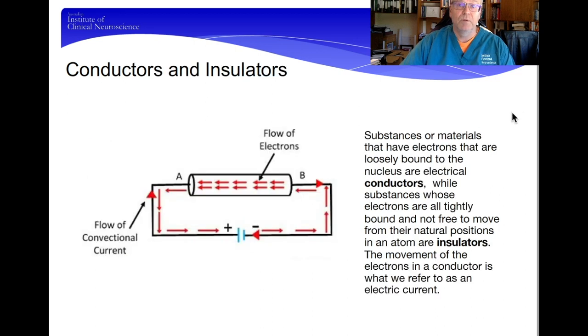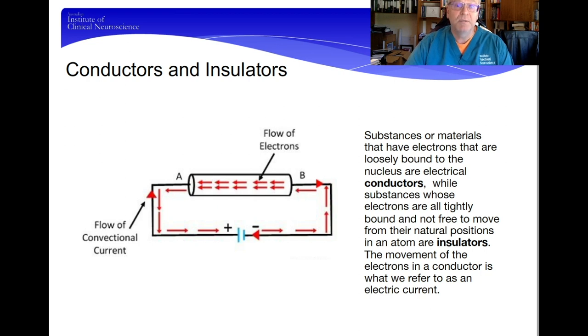Okay, good. Now let's talk about the actual flow of electrons. Materials that we talked about have loosely bound or easily moved electrons. They have great or high conductivity, so we call those good conductors.